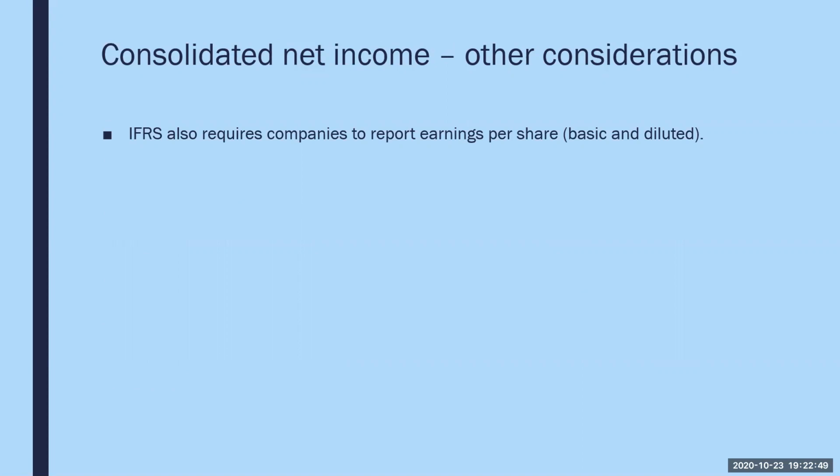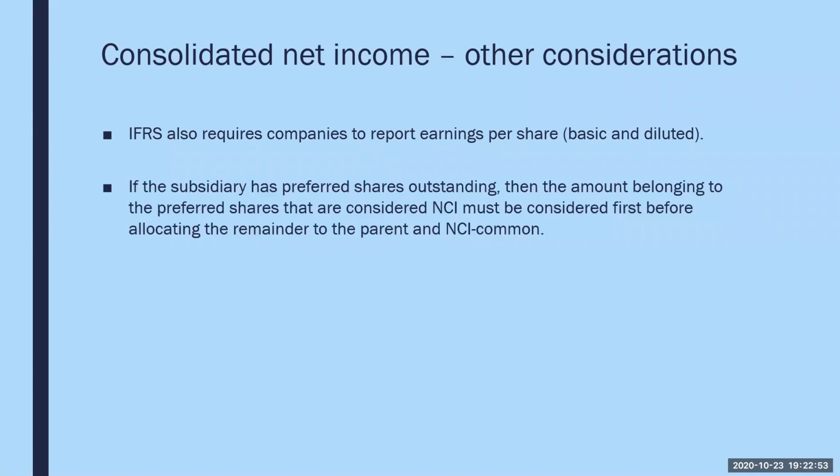Other things to keep in mind: IFRS also requires companies to report earnings per share, both basic and diluted. And if the subsidiary company has preferred shares outstanding, then the amount that belongs to the preferred shares that are considered to be part of non-controlling interest must be taken into account before we allocate the net income to the parent company's shareholders and NCI common.